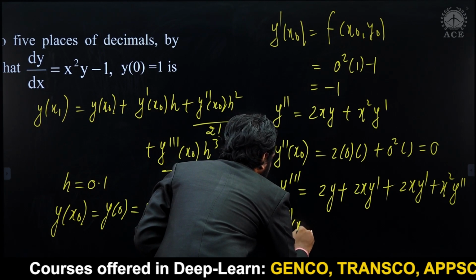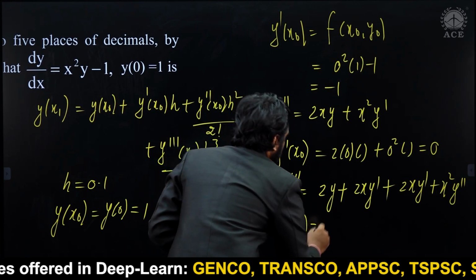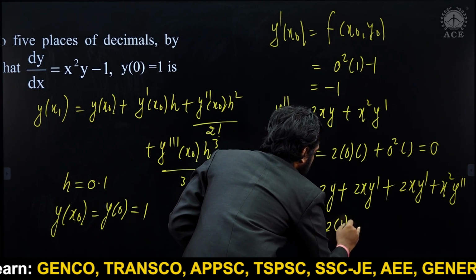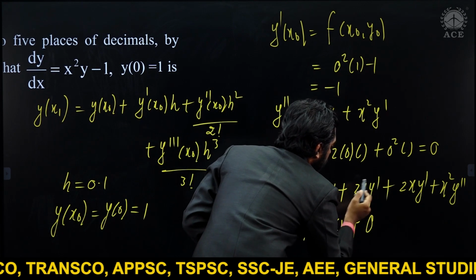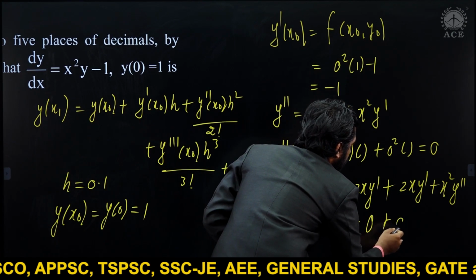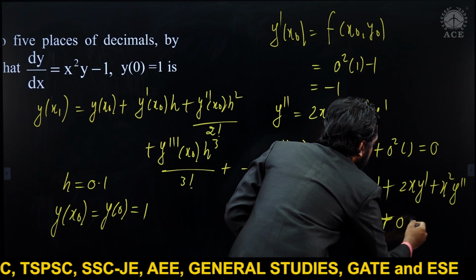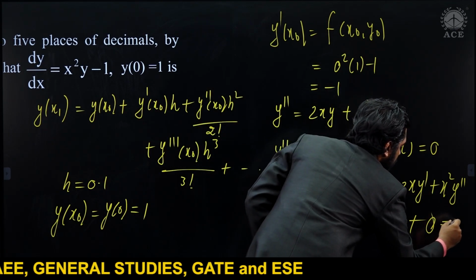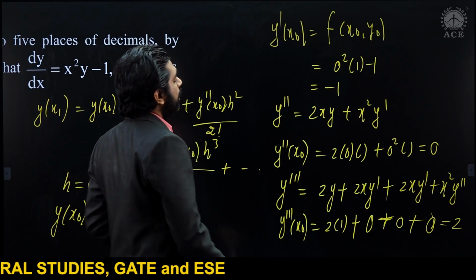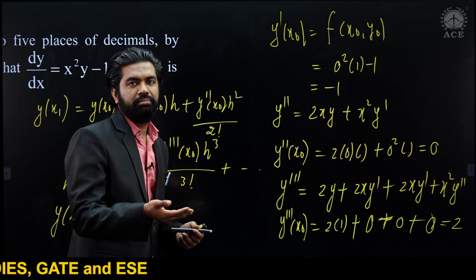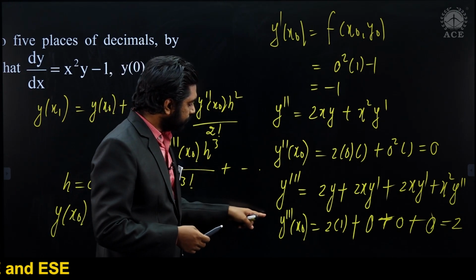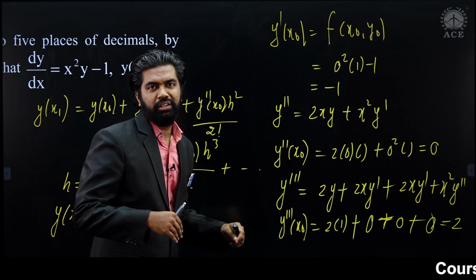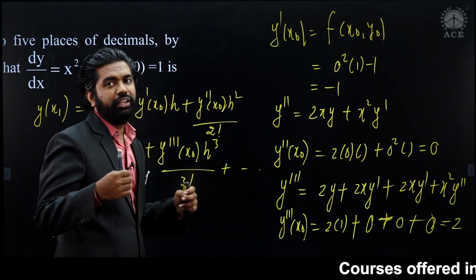Y triple dash of x naught equal to 2 y naught, so this is 2 into 1, plus x is there, which is 0, plus x is there, which is also 0, meaning y triple dash is 2. Now you can ignore the other terms, because you would have the fourth derivative of x naught by 4 factorial, and so on.